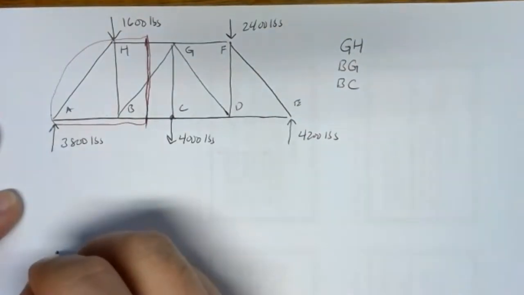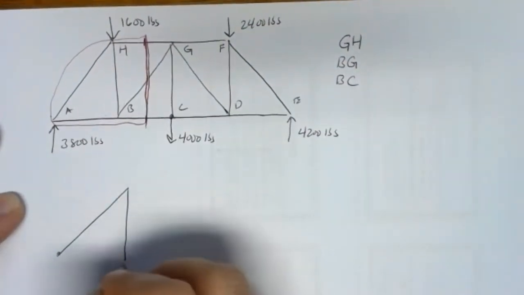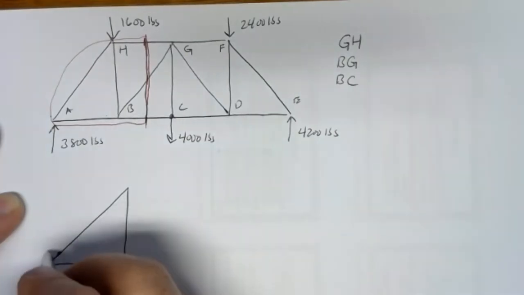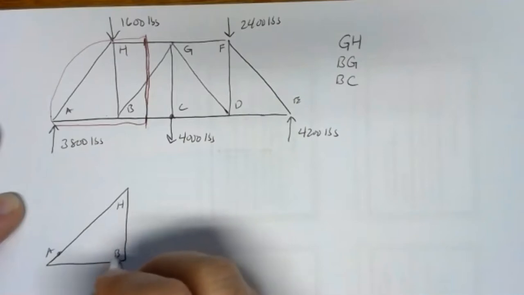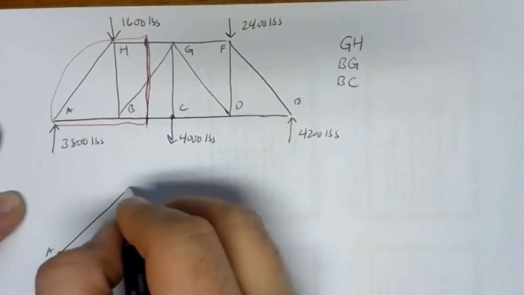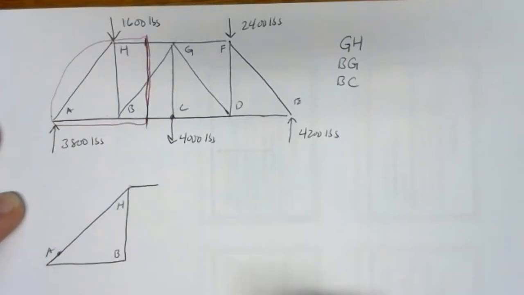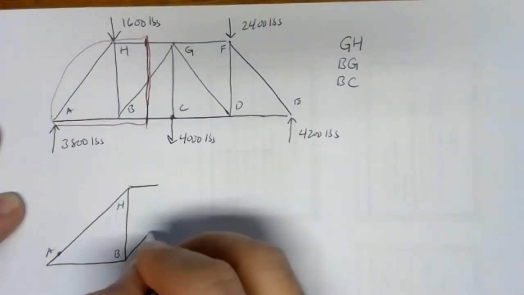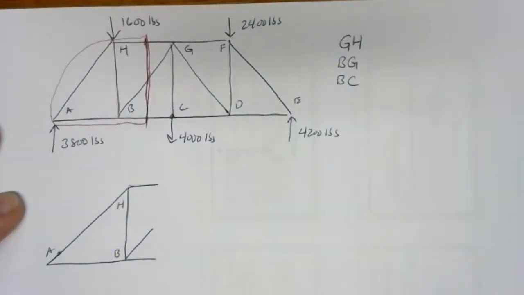Inside the system boundary, we have something that looks sort of like this. We've got joints A, H, and B, and then we've got these little stubs that we've cut through. We've got this little piece of member GH, this little piece of member BG, and this little piece of member BC.